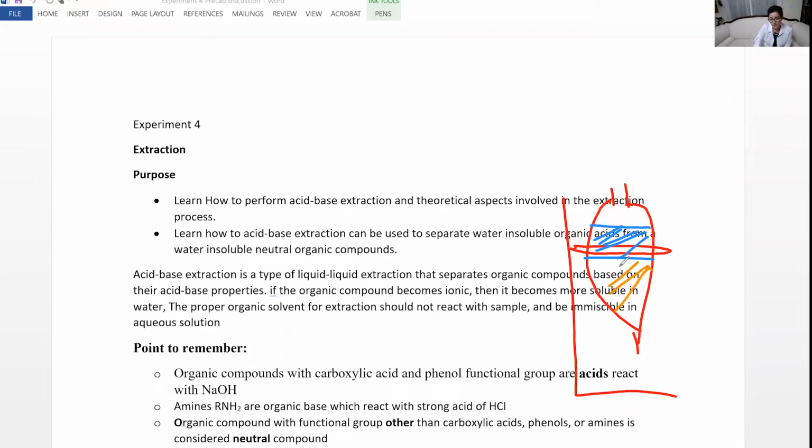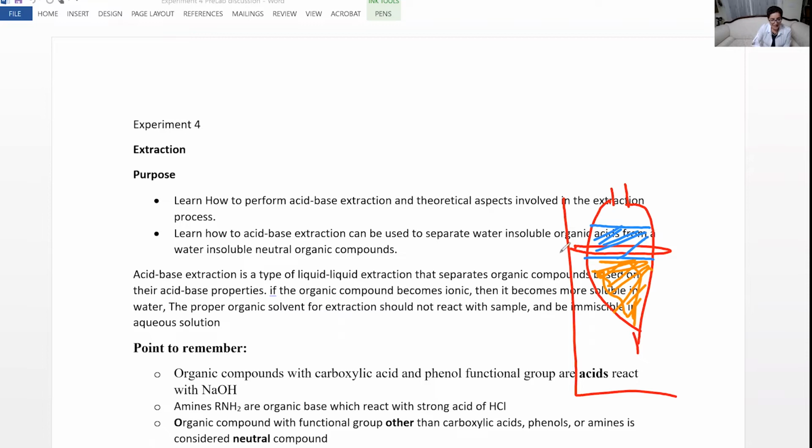Now, which one is going to be the aqueous or organic layer? That depends on the density. If the organic solvent has higher density, like methylene chloride, it would be the bottom layer. If the organic layer has lower density, it's going to be the top layer. So the top layer is not always the organic layer.